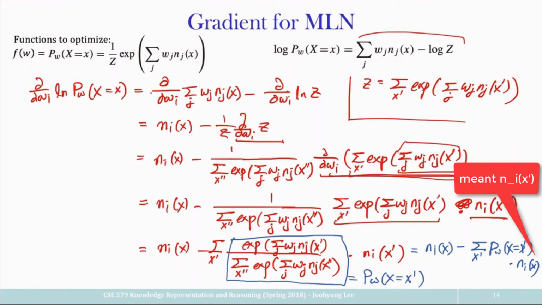Okay, and this value is actually the expected number of ground formulas that are true under this Markov logic network. Okay, so you will see in the next slide.